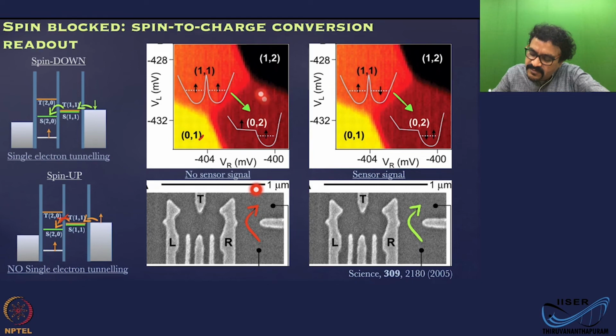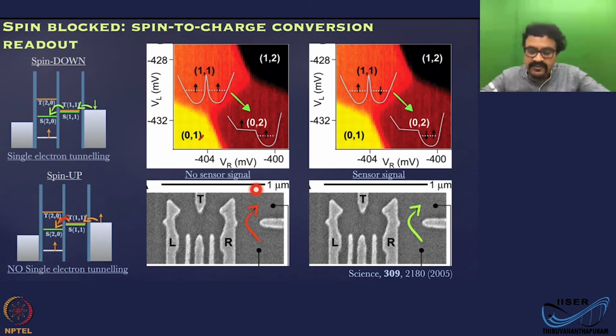Now let's come back to here. So this is my qubit. Say this is a triplet state. Now what I can do is, by changing the gate voltages, I can quickly take the system to this configuration. I can change VL and VR and bring it here.